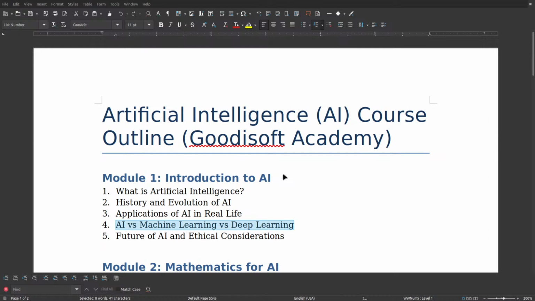So the main aim of deep learning is to handle complex tasks like image recognition. That was why I said that, right? So deep learning is mostly used in image recognition, right?